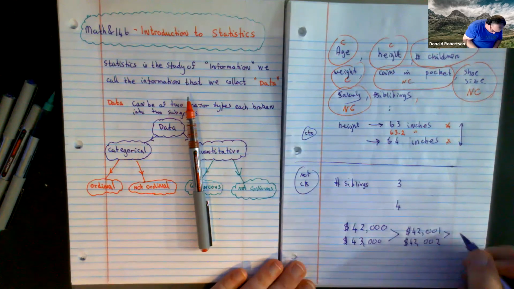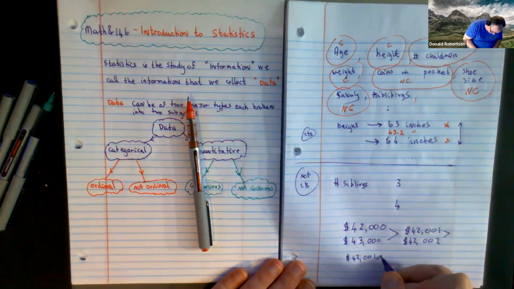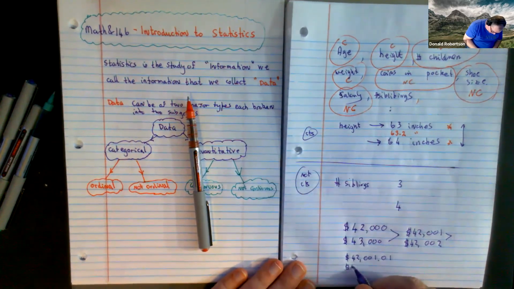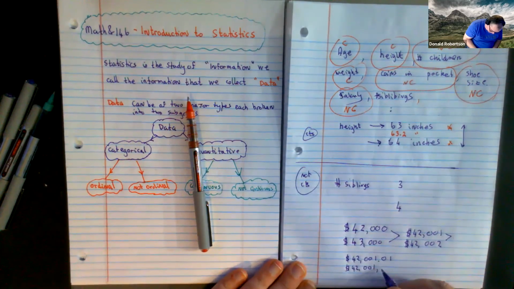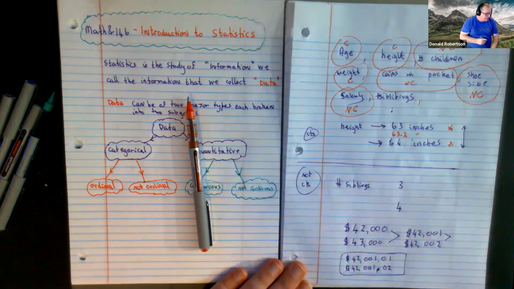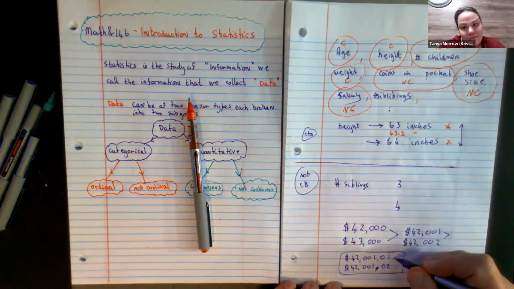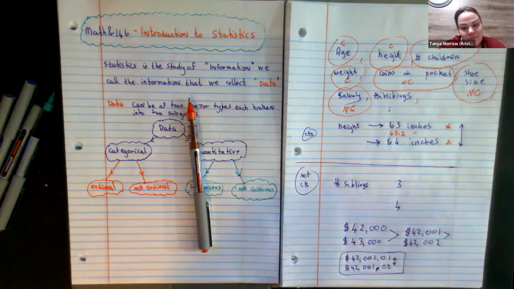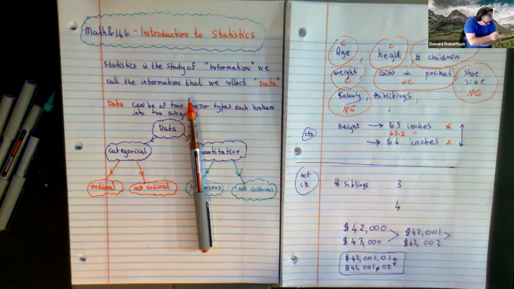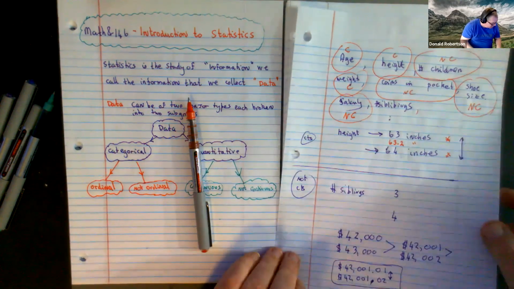You could be paid 42,000 and $1.01 and 42,000 and $1.02, so 2 cents. But then, haven't you hit the end of the line? Is there any room between the 1 cent and the 2 cent? So you see it's sneaky. So I would suggest that salary is not continuous.